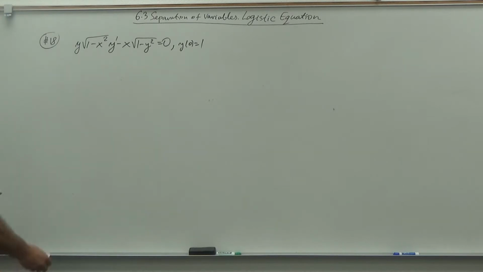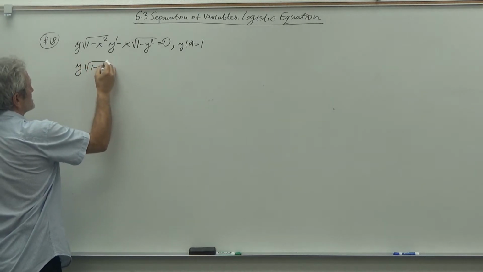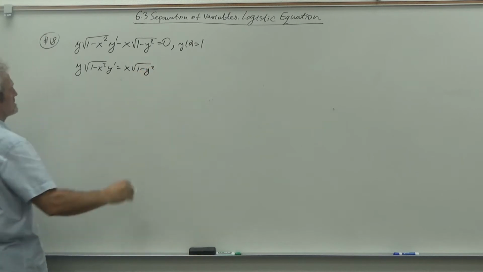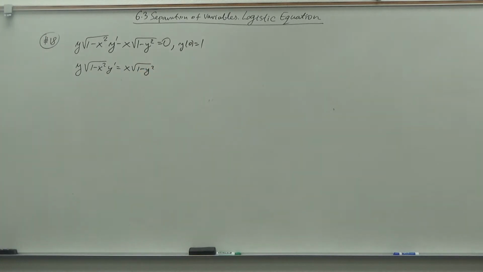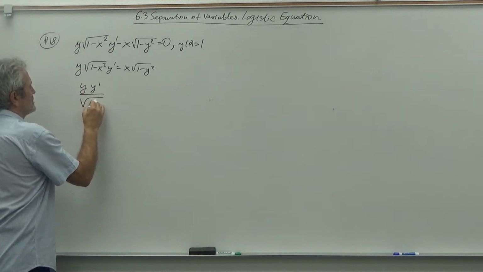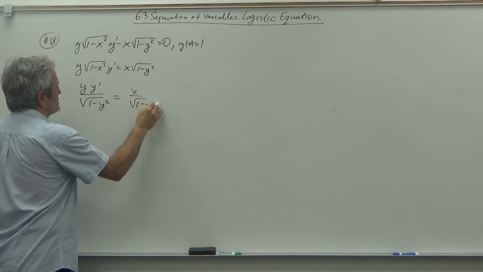So what happens here, the same thing, we split them: y square root of 1 minus x squared y prime equals x square root of 1 minus y squared. Then luckily these are all products, so I can just split them: y prime over square root of 1 minus y squared equals x over square root of 1 minus x squared.